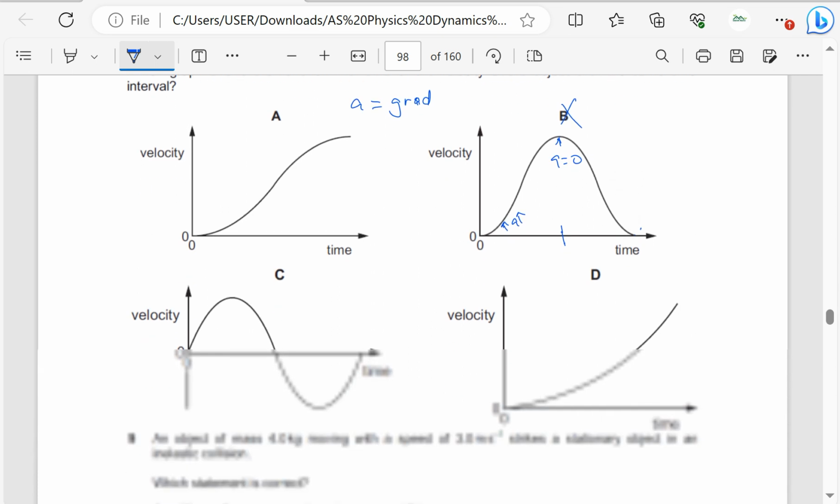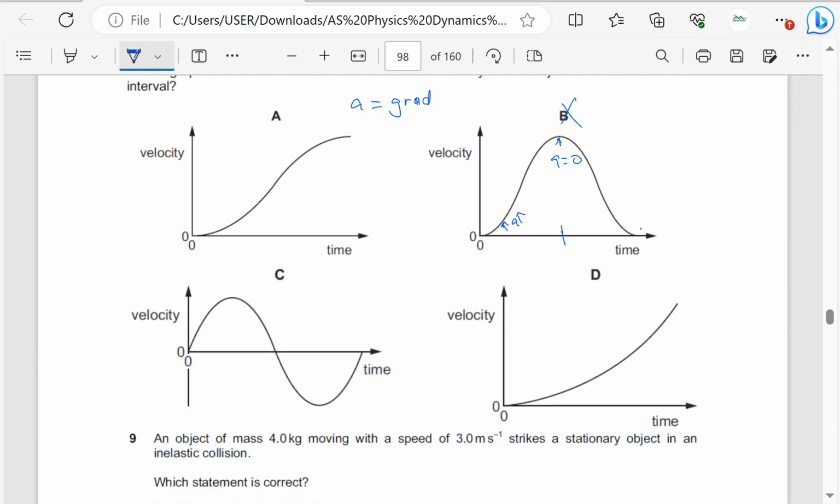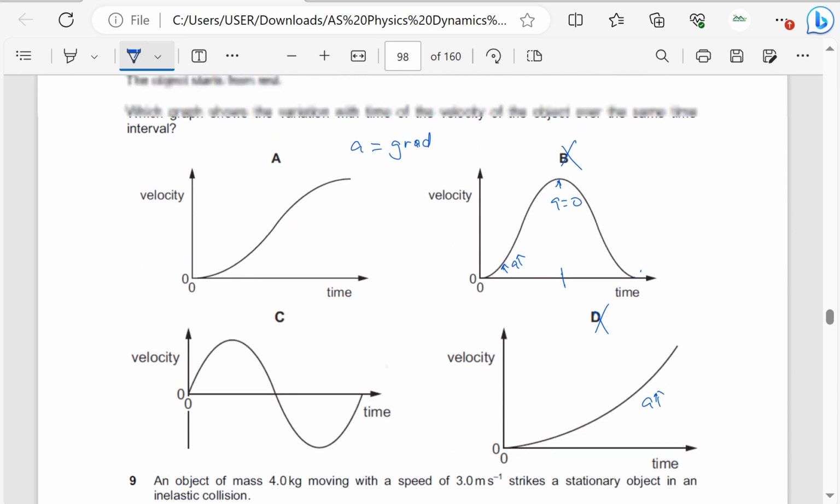If we look at D, D is showing that the acceleration increases indefinitely. It is still increasing for the same time interval, so this is wrong. Remember, the acceleration is the gradient, yet it increases and decreases. So we look at C.